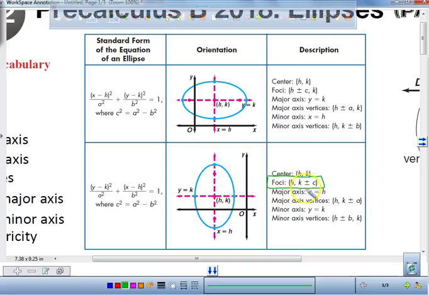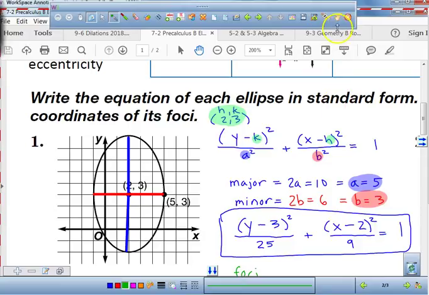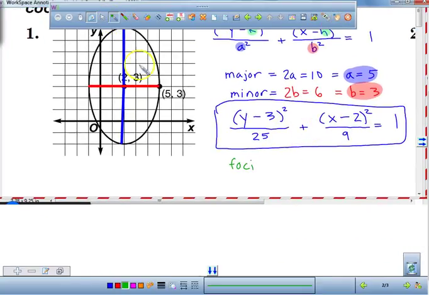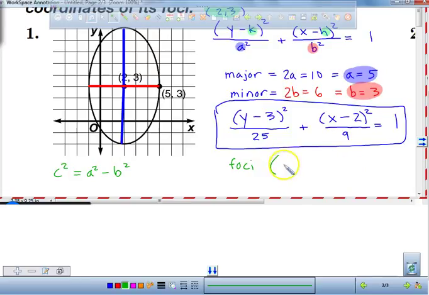So write that down on your paper: c squared equals a squared minus b squared. And the foci are at what? h, comma, k, plus or minus a value of c.